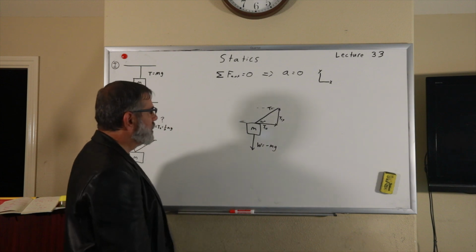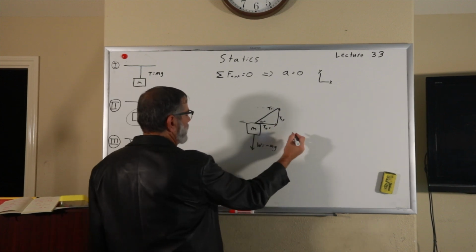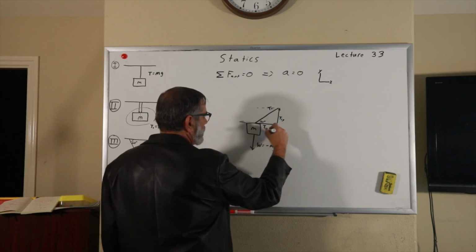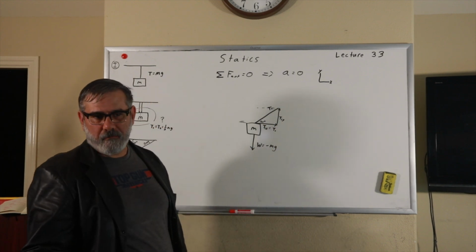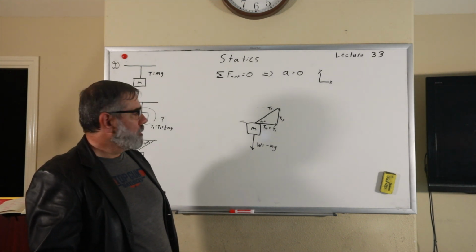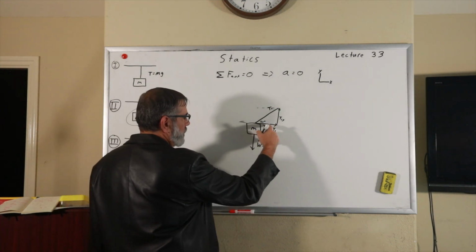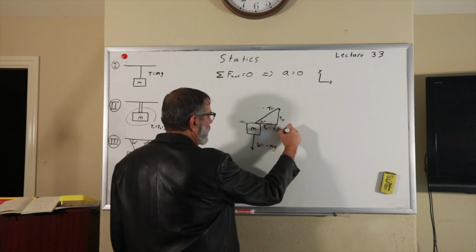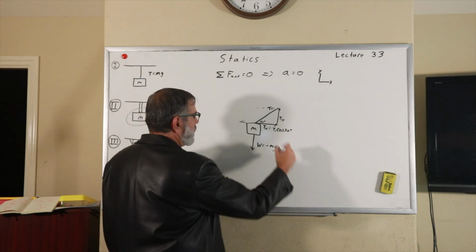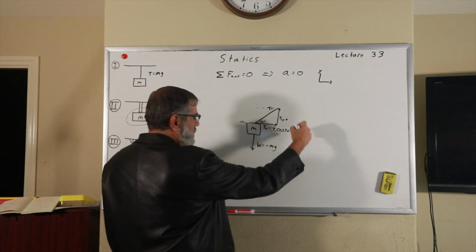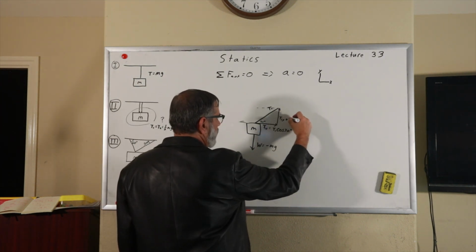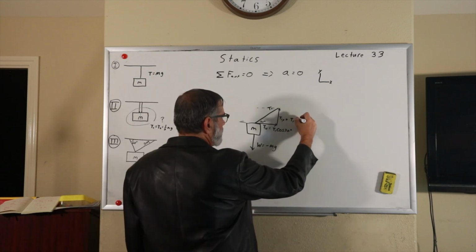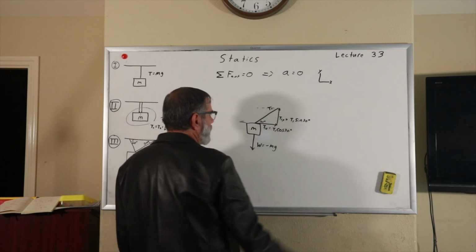So T1 in the x direction is going to be equal to, notice it's in the positive direction, T1 times, cosine or sine to get the x component of this tension? Cosine. Yeah, T1 times the cosine of 30 degrees. And in the y direction, this tension, going in the positive direction, will be T1 times the sine of 30 degrees.